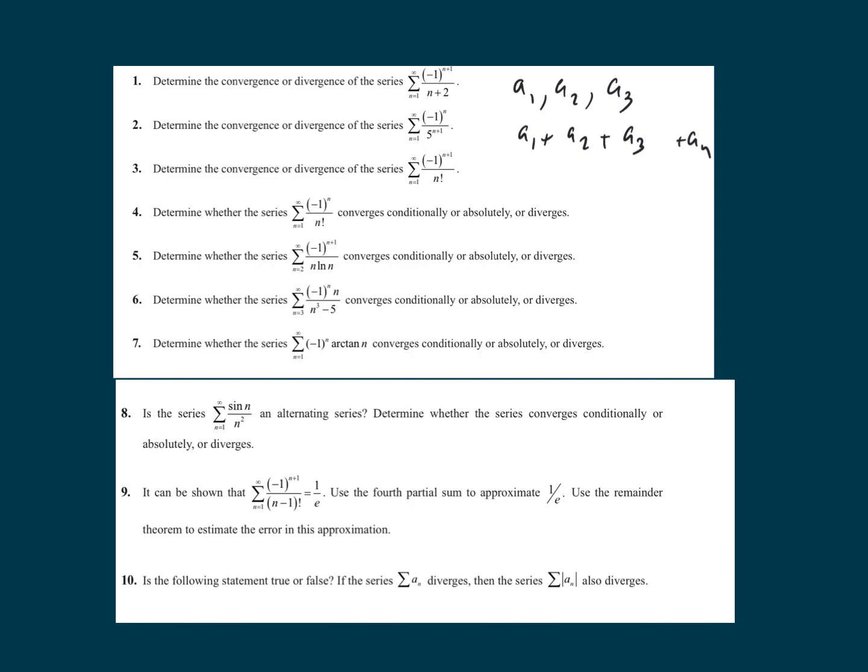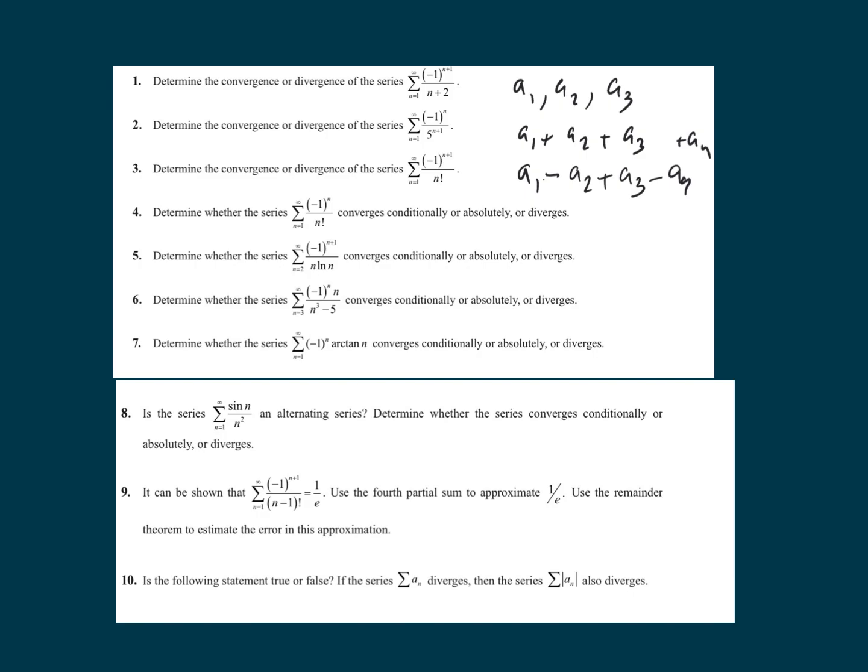Now we introduce the idea of an alternating series. When we do an alternating series, imagine that we change the sign. It will be A1 minus A2 plus A3 minus A4 and keep going. So we want to analyze how these alternating series behave.